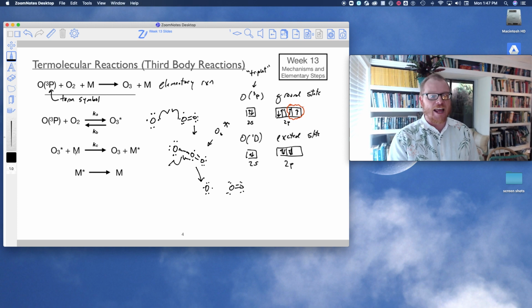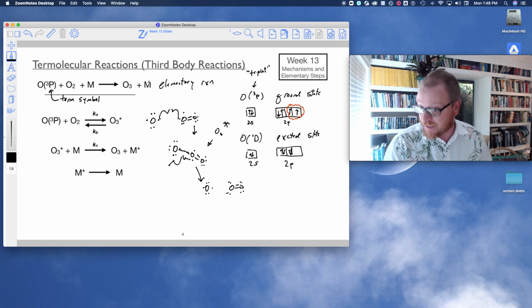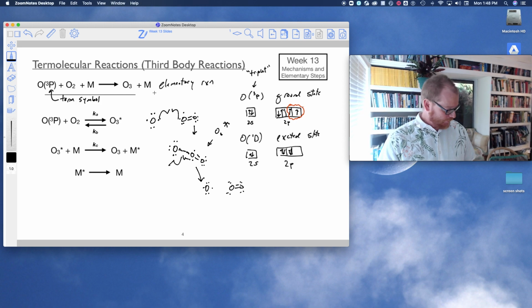That excess kinetic energy is now given to the third body, which is in some kind of elevated excited state, and then it can quickly decay back to its normal state. So this mechanism just ends up looking like O triplet P plus O2 plus M goes to O3 plus M. Technically the M just cancels.